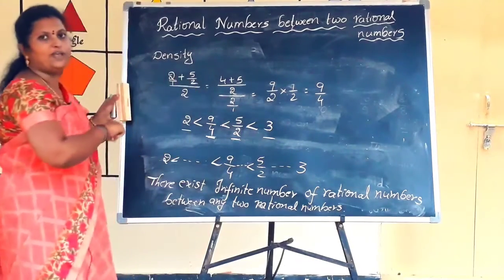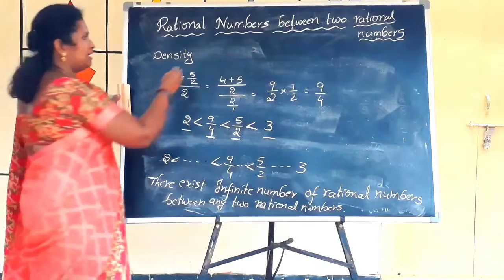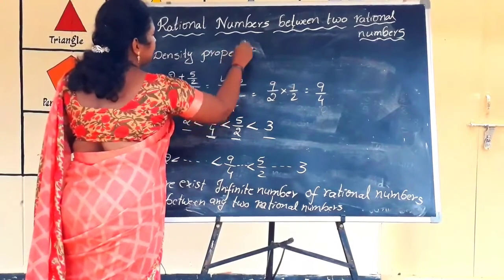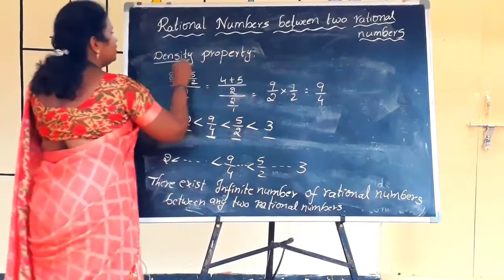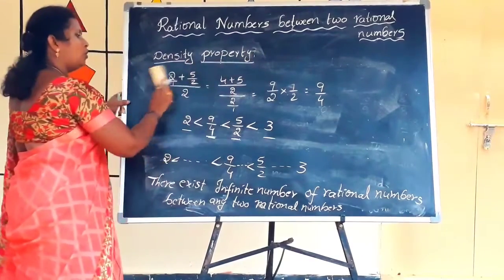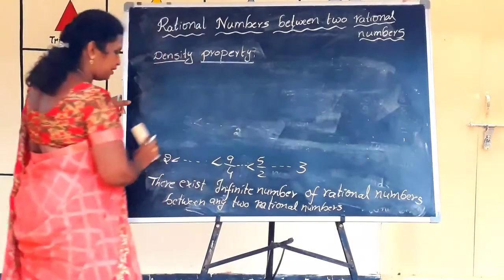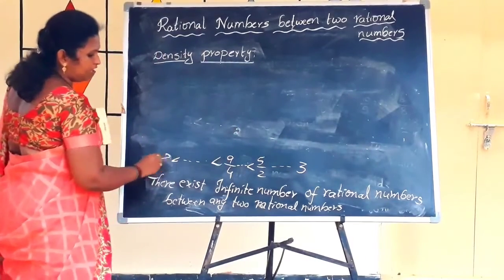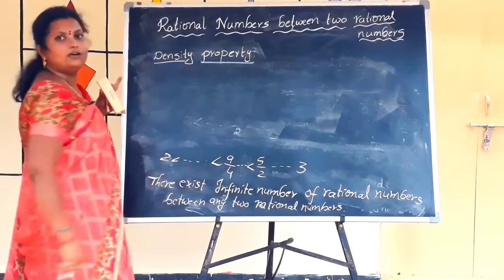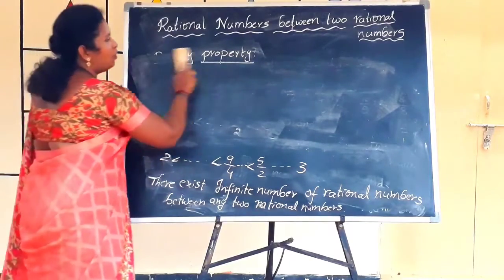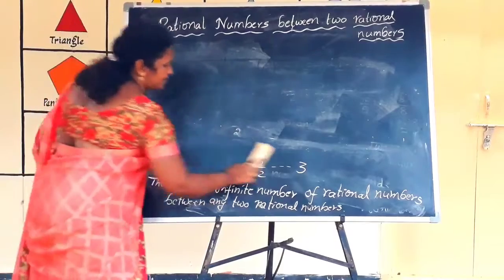Before, what we have learnt, closure property, associative property, identity, some of these properties belong to natural numbers, whole numbers and integers, but only the density property belongs to the rational numbers. Okay, so now let us see one more example.